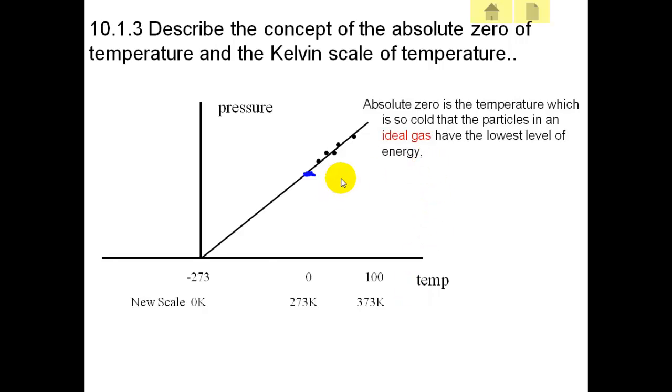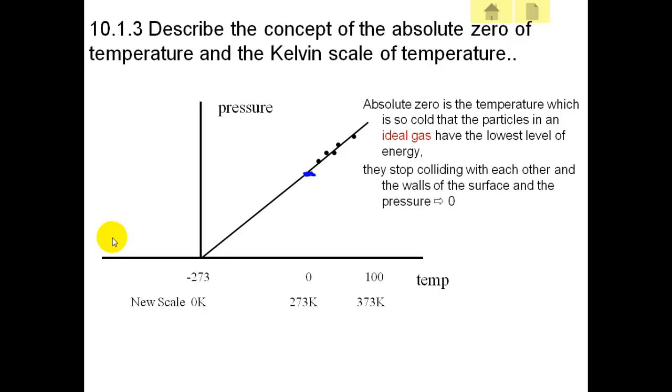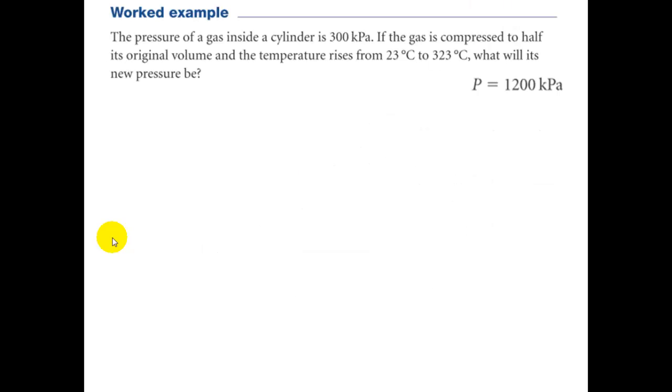Absolute zero is a temperature so cold that the particles in an ideal gas have the lowest level of energy, which means they stop moving, and the pressure drops to zero. This means they stop colliding with each other and with the sides of the container, so the pressure goes to zero. It's basically the lowest temperature that we can obtain.